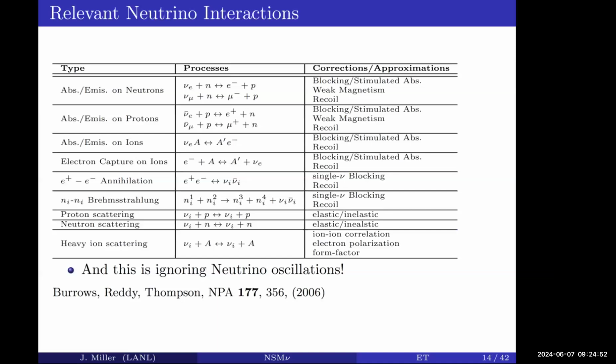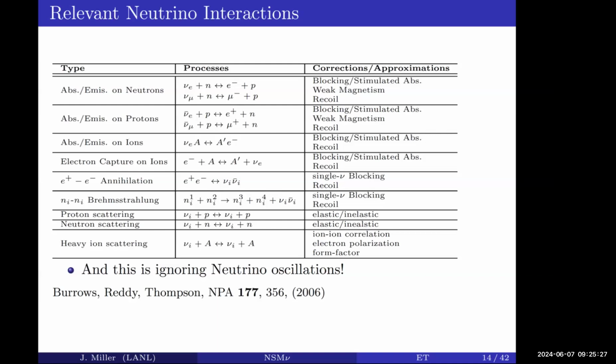Another issue with transport is that there's actually a lot of messy physics going on. So here's just a splash of some of the important interactions that people track: emission and absorption by neutrons, protons, heavy ions, annihilation, this thing called neutron Bremsstrahlung or neutrino Bremsstrahlung, which is analogous to photon Bremsstrahlung, but it's neutrinos, scattering, and you'll notice on the right here, I've got all sorts of corrections and approximations that are typically applied in these models.